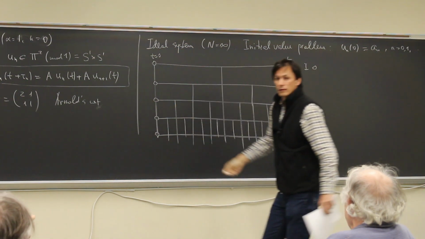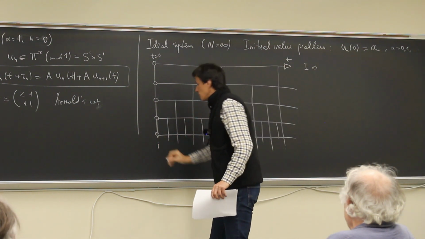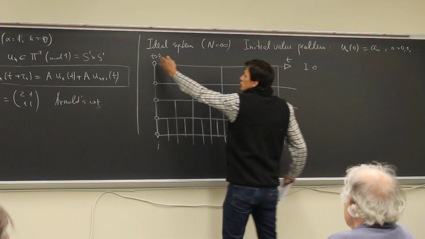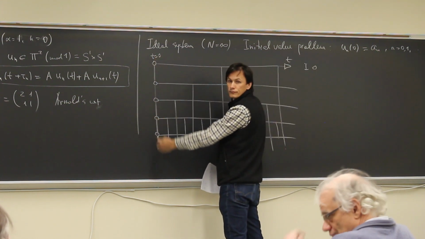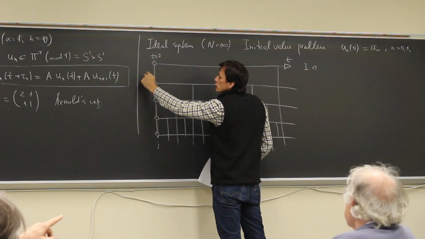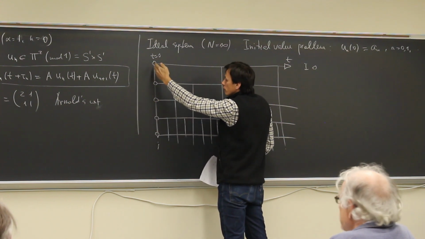What did you say about the last three dot circles you drew? What do you mean? Did you say something about those circles? No, this is the initial condition. This is time 0, so we give u0 at time 0, u1 at time 0, u2 at time 0, and so on. So we give an initial condition.